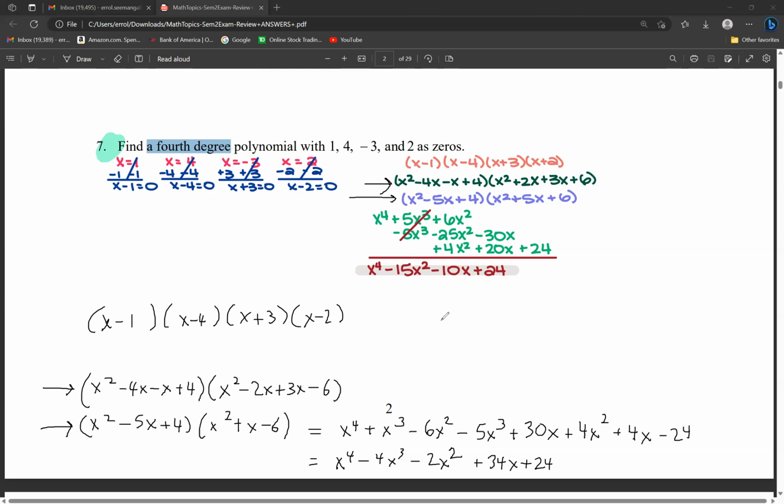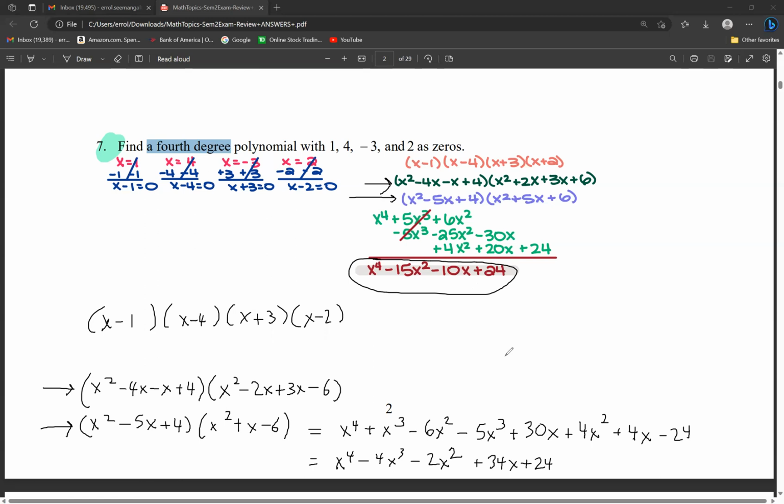All right, so let's see what they did. What do they do here? What did they do? They subtracted 5x. I'm looking at this right here. Where is this coming from?